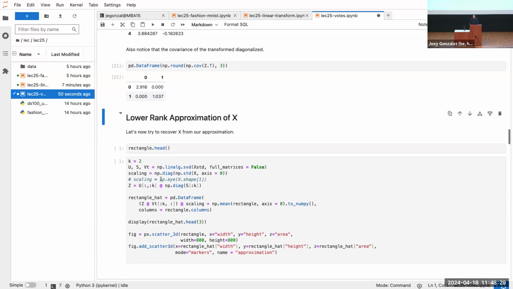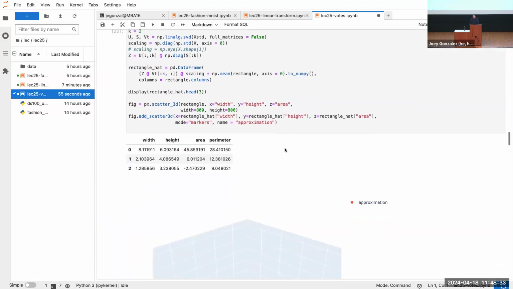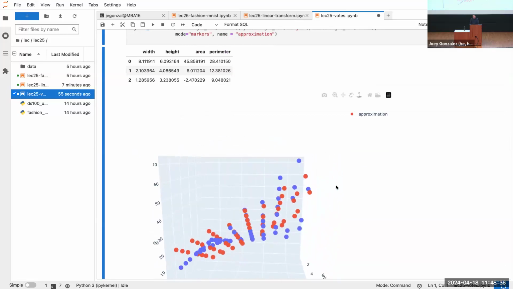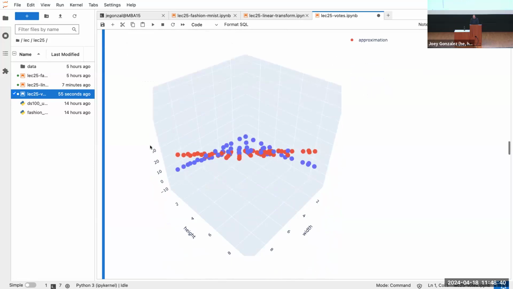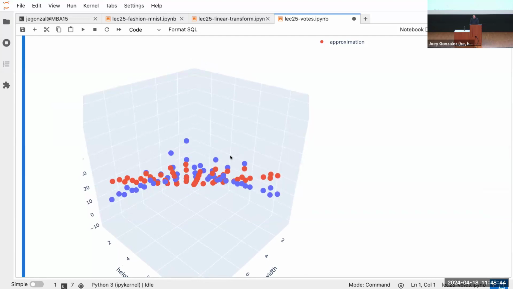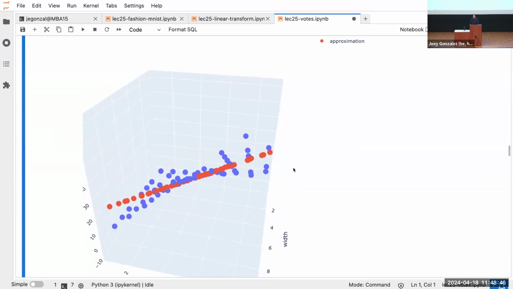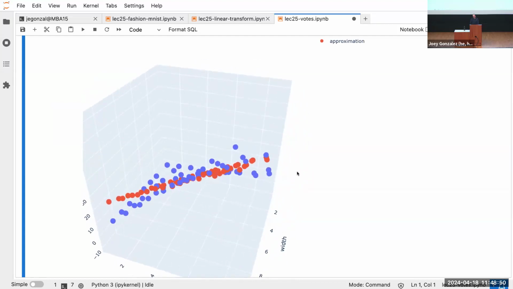A little more pictures. So let's do this picture. I'm going to try to recover my data, and this is what it looks like. The blue data is the original data points where I had width, height, and area. I've ignored perimeter because that's redundant.